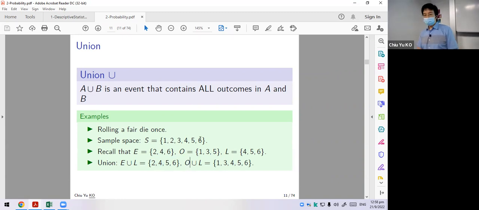So you can tell me immediately what E union O, even union odd, is. It will be exactly S. Let me repeat: the union of E and O is just S, because E and O together are just 1, 2, 3, 4, 5, 6. Just S. I hope that is clear.